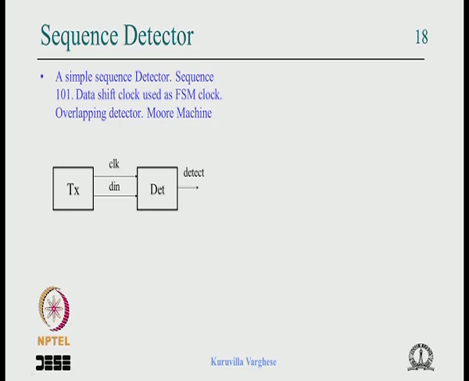It gives some mental exercise, as well as clarifying our idea of the state machine, the coding and all that. So that's the basic idea, but mind you, this is an overlapping detector. Suppose the transmitter is sending 101, then if it's a non-overlapping detector, 101 is detected, then it sends 00, not detected, again 101 is sent, again it is detected.